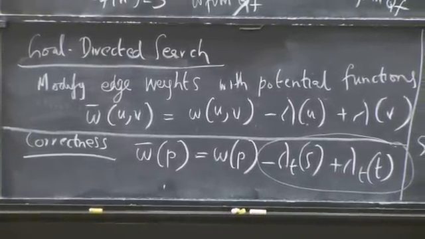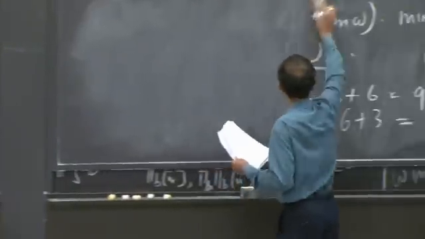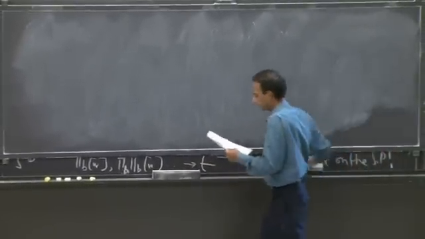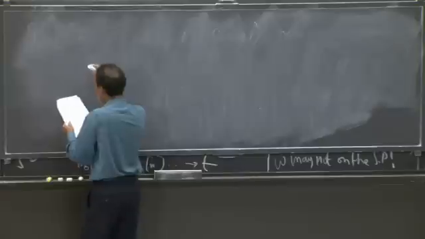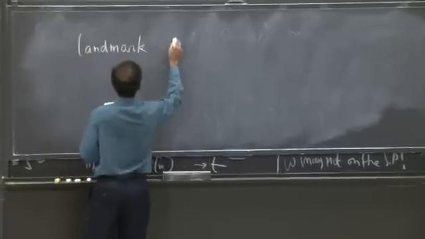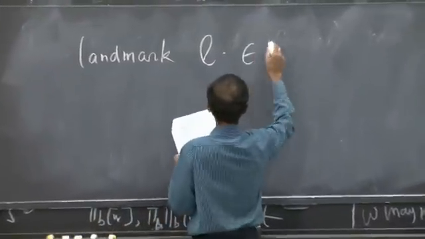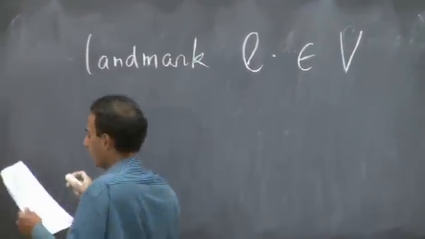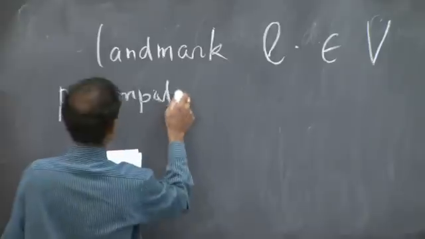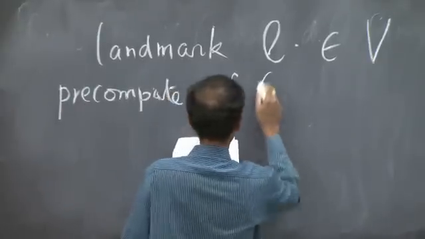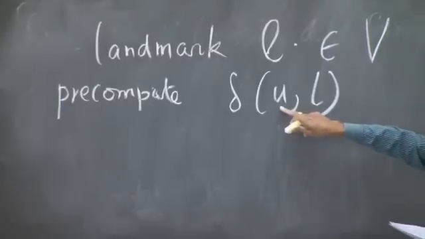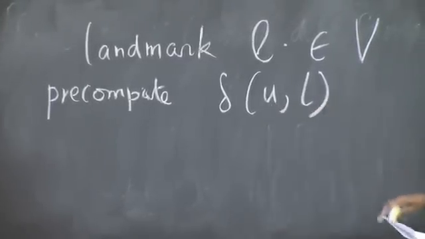But one way of getting these potentials, or this potential function, is to use what's called a landmark. And so the basic idea is that you have a landmark L, which is a vertex belonging to V, and we're going to pre-compute delta of U comma L. So for any input vertex, you want to find the shortest path to this landmark.